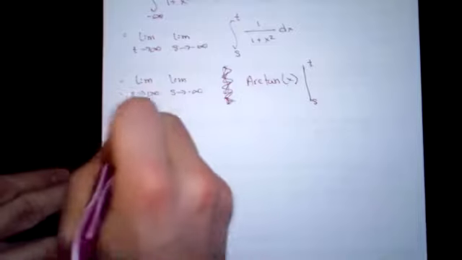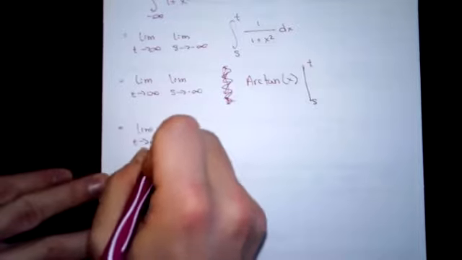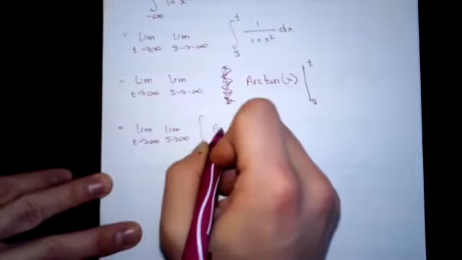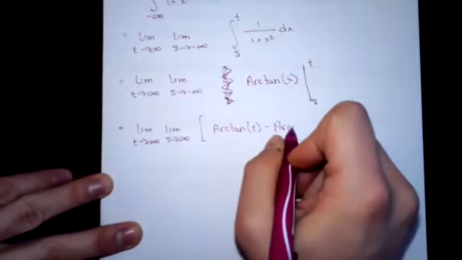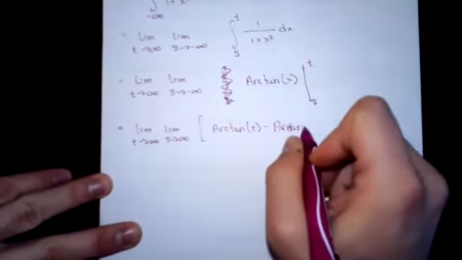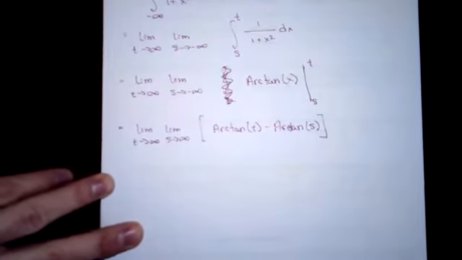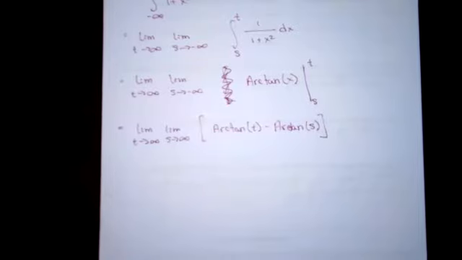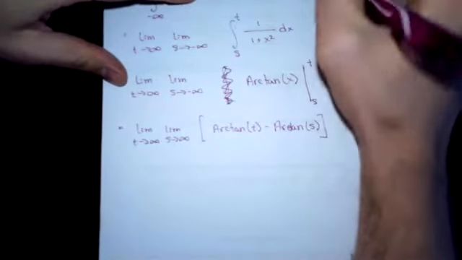And evaluating, the limit as t goes to infinity and the limit as s goes to negative infinity, we'll have arctan of t minus arctan of s. And now you just have to remember your limits of all your functions, arctan and whatnot. So of course we see some L'Hopital's rule examples. What does arctan look like?